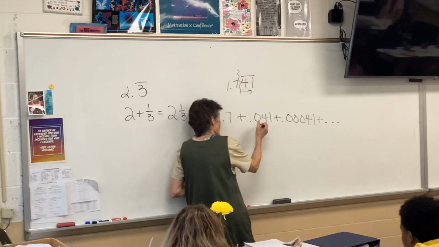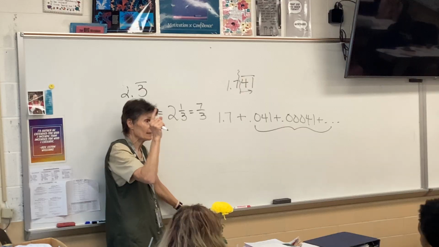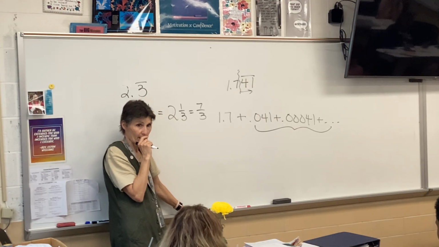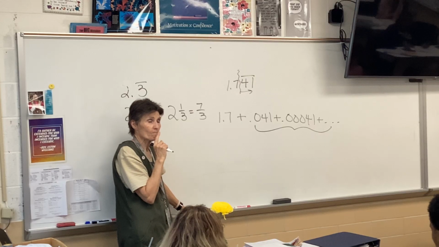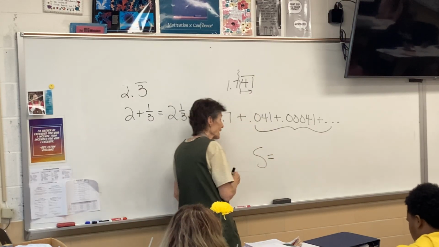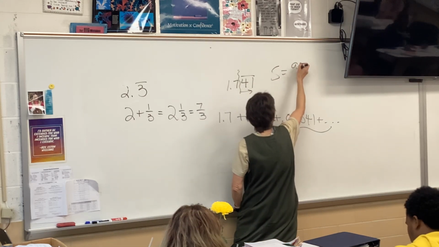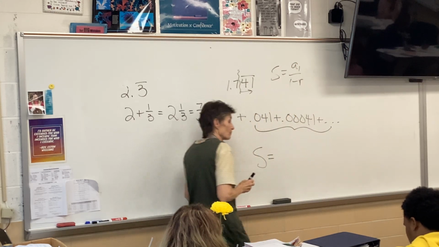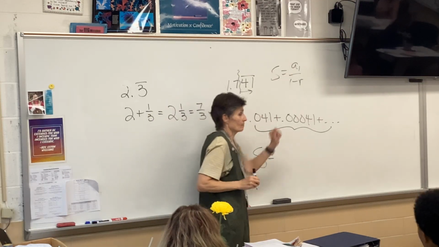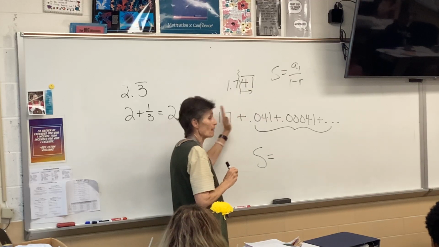So we're going to use our formula, and we're going to add up the repeating part. What does our formula say? To add up just the repeating part, we use this formula. The 1.7 is separate.